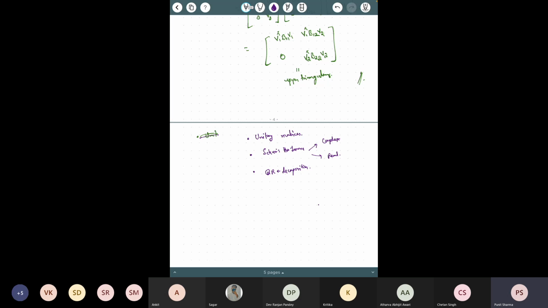But a complex version of rotators and reflectors is also there. And then we saw simultaneous diagonalization, and then we saw simultaneous triangularization. Okay, so we are still in the section of matrix factorization.